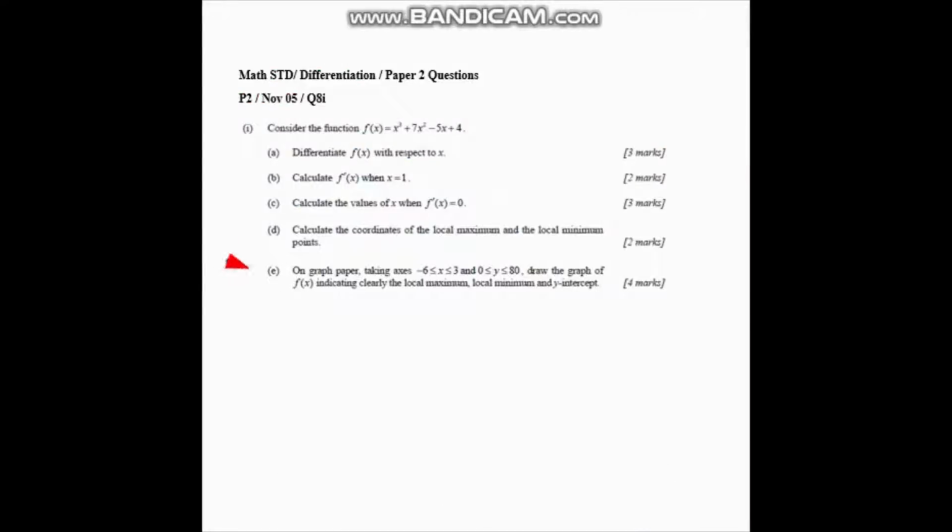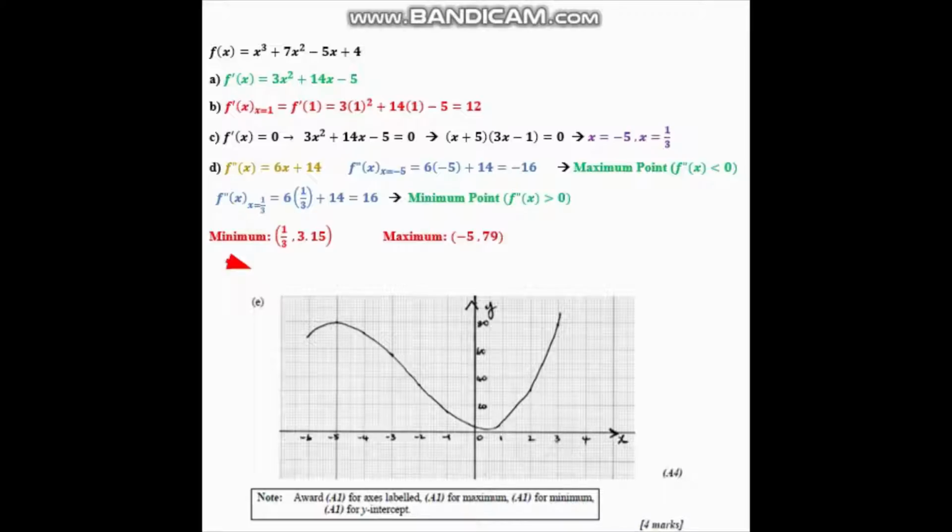Finally, in question E, you are required to draw the graph of f of x, indicating clearly the local maximum, local minimum, and y-intercept. So this is what your graph should look like.